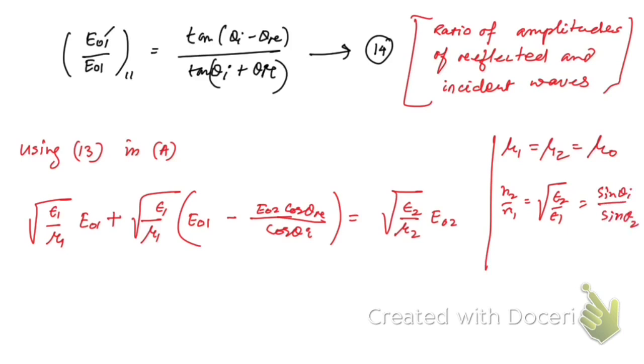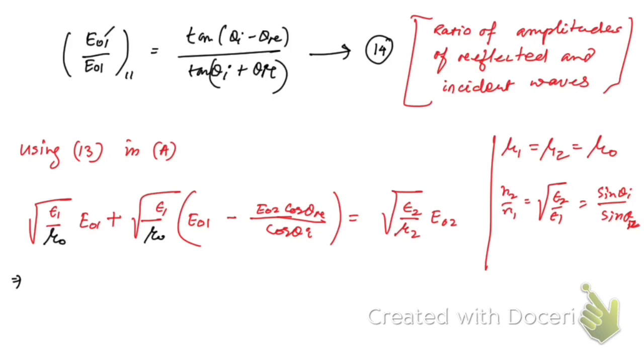Here mu1 will be replaced by mu naught, and this will also be replaced by mu naught.